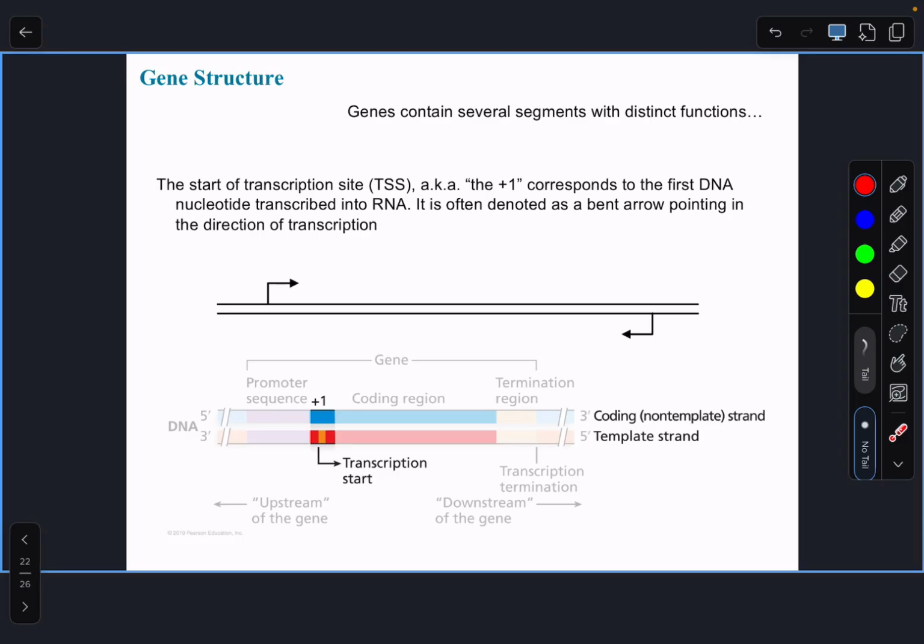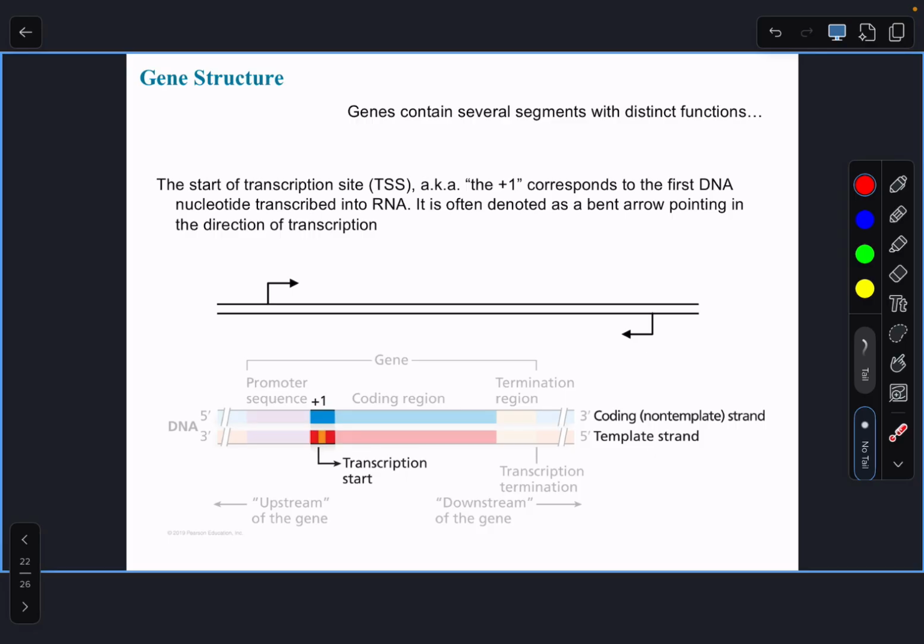So when you see schematics of genes that are simplified for much easier understanding, you'll see a straight line denoting DNA and one of these bent arrows indicating that that's where transcription of that region begins and in which direction it goes. I want you to notice this because it's an important point.